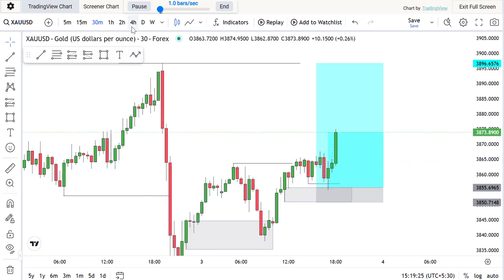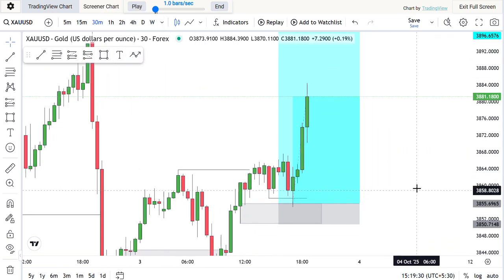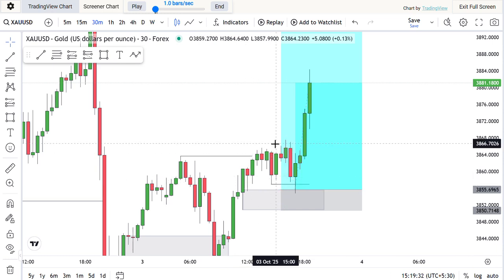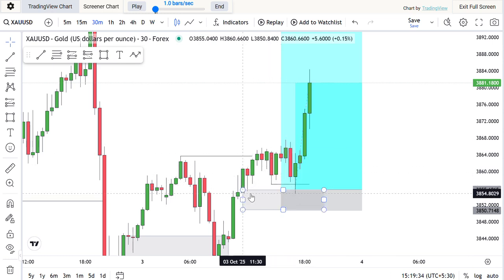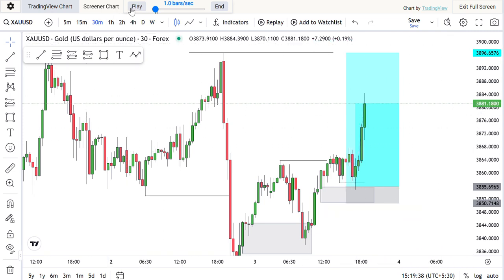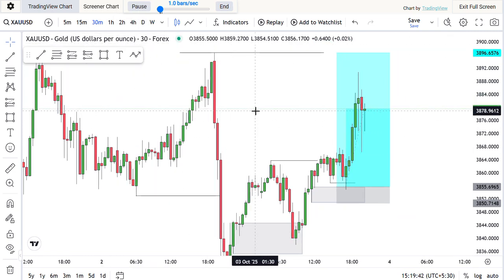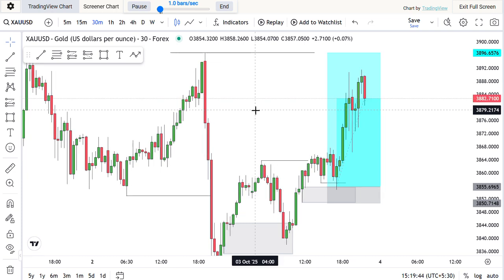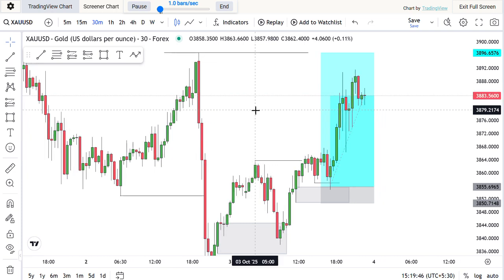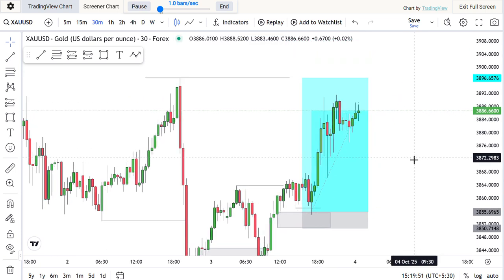So we can move from there and see what price does. You can see that immediately price came, used this as inducement, tapped into this zone and started moving up. So this is an example of price mitigating several candles to move up and into demand.